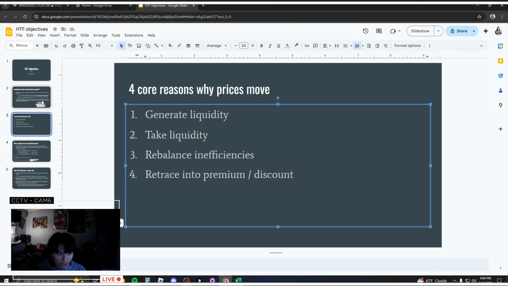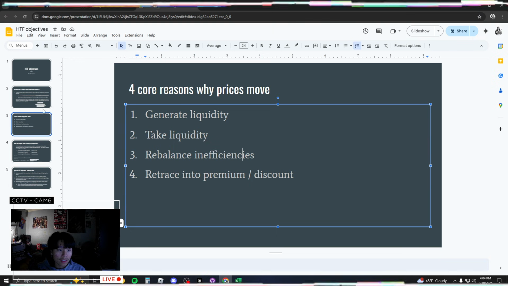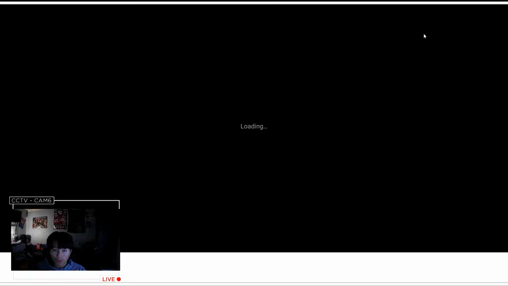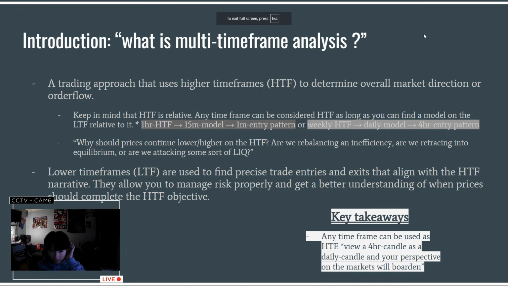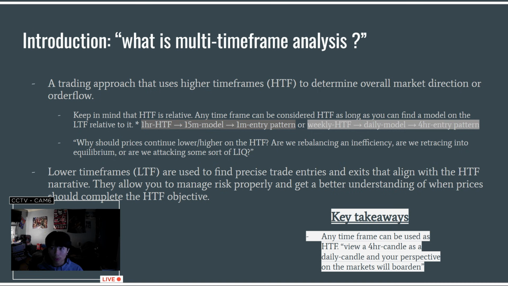To begin with, understanding what higher time frame objectives are, I want to note that price is fractal. The way that I approach price is that every single time frame, the daily, the weekly, the 4 hour, every one of those candles has a specific objective in mind.